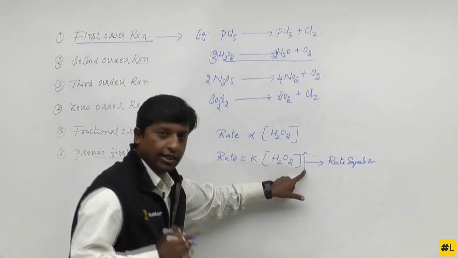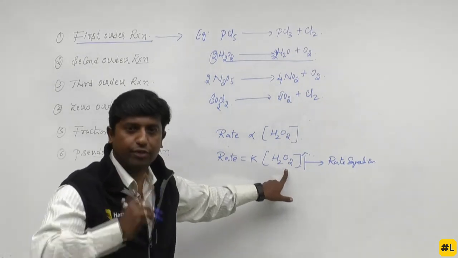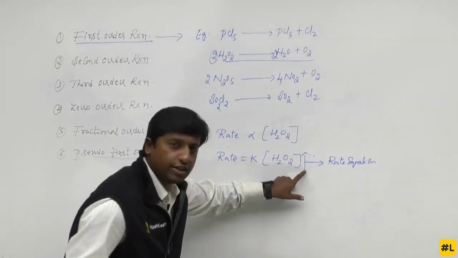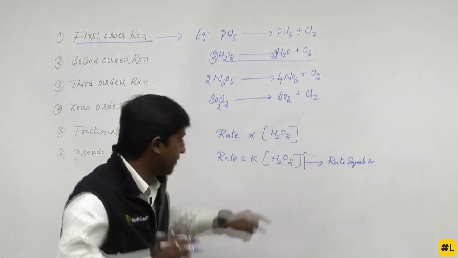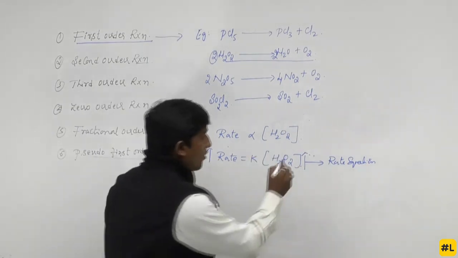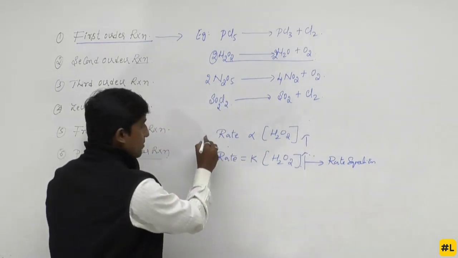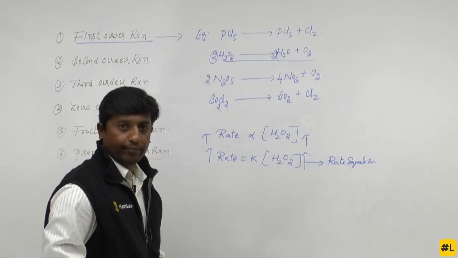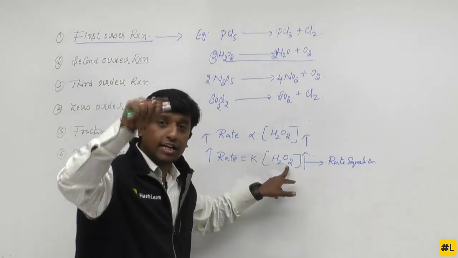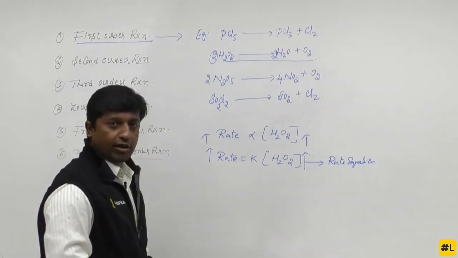Now, according to this equation, if I increase the concentration of hydrogen peroxide by 1 time, think that I am increasing the concentration of the reactant by 1 unit, then the rate increases by 1 time. If I increase the concentration of hydrogen peroxide by 1 more time, the rate simultaneously increases by 1 more time.